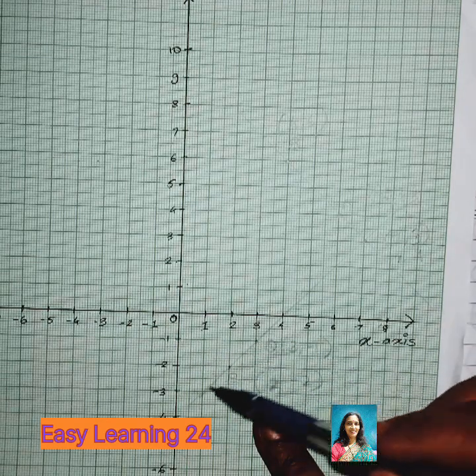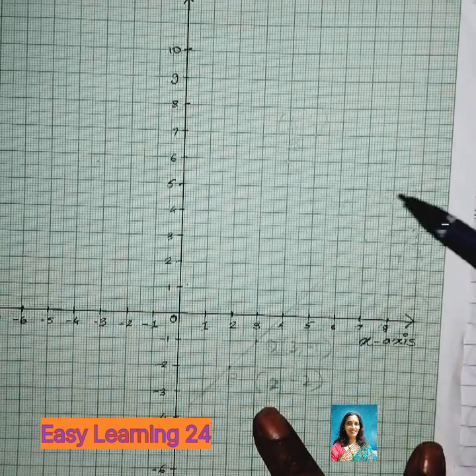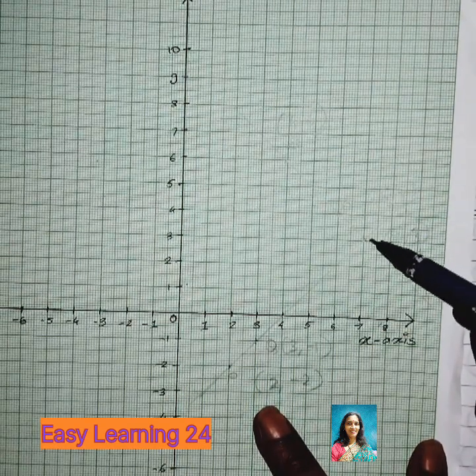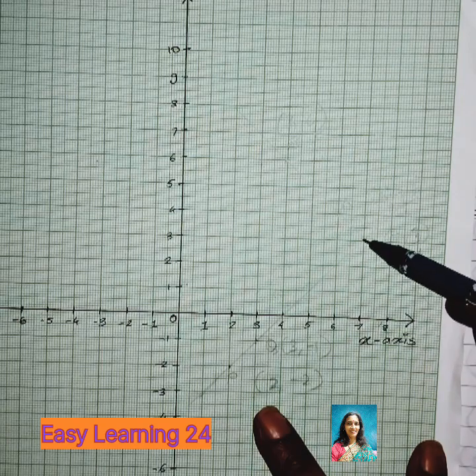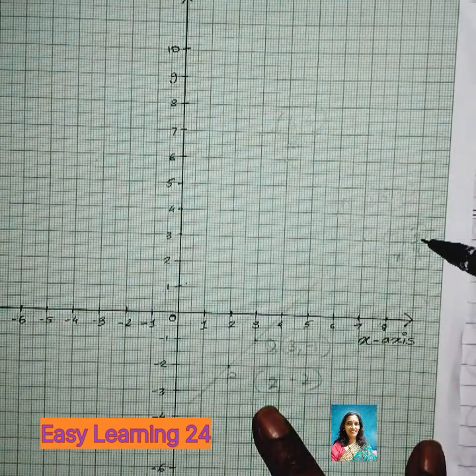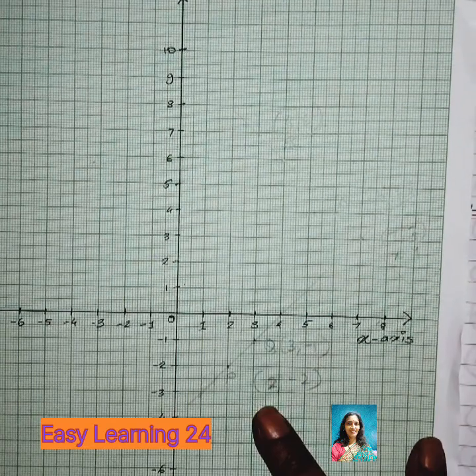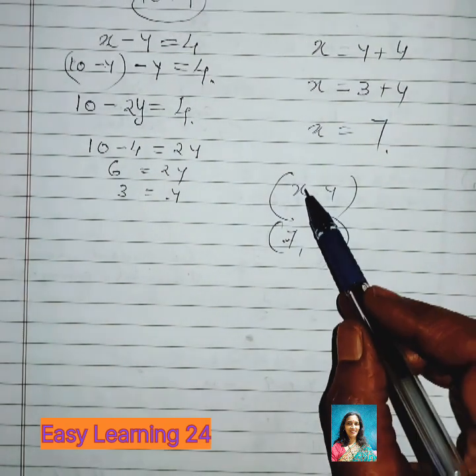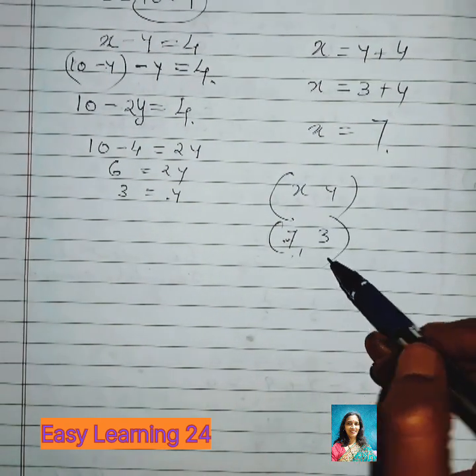So this is the point. And when we join these points, the two lines intersect to give one solution. And the solution is exactly, you can see here, 7 and 3. x-axis is 7 and y-axis is 3. Right? And this is what we exactly did here. x-axis is 7 and y-axis is 3. Okay?